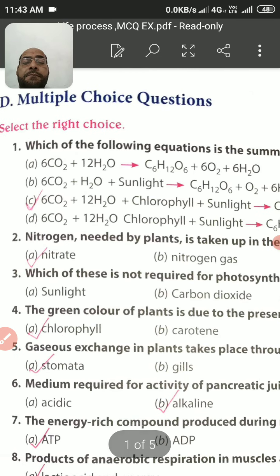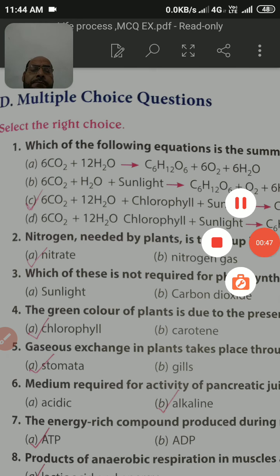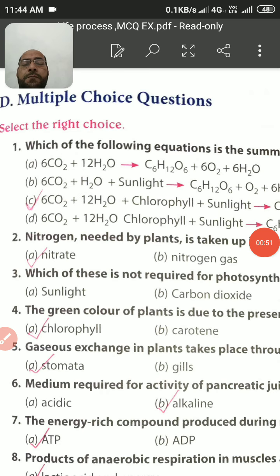So students, let us start with the different types of MCQs which are shared on the screen.